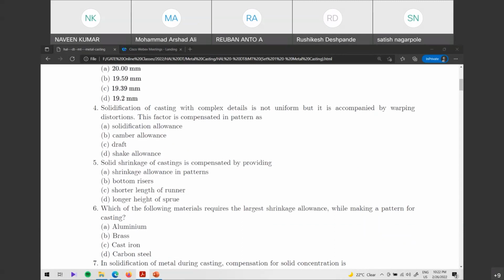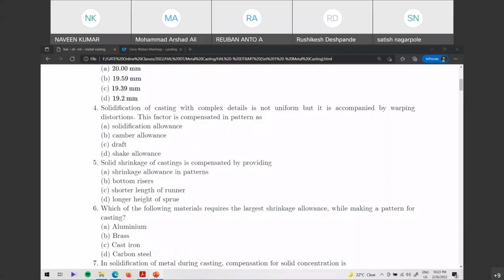Satish is saying it's B. Rushikesh Deshpande is saying it's D. Naveen is saying D. Praveen is saying D. Arvind is saying D. I don't know why people are saying D. It should be B. If you want to see, there is a new answer. It is C, draft.